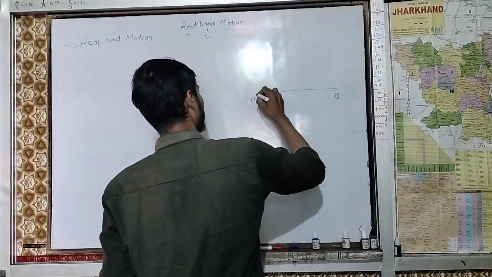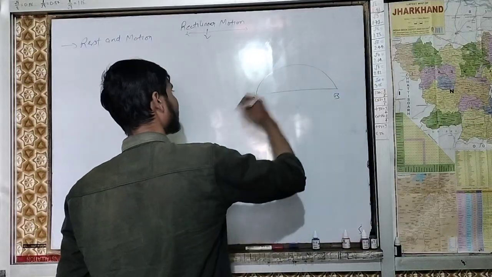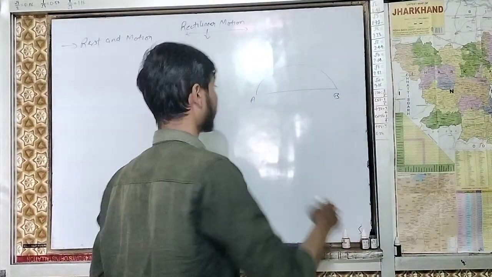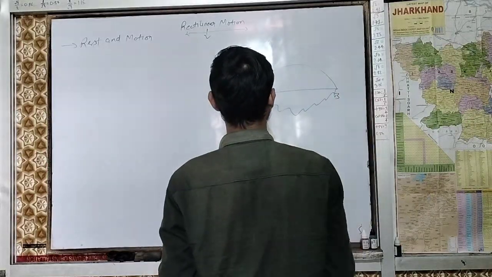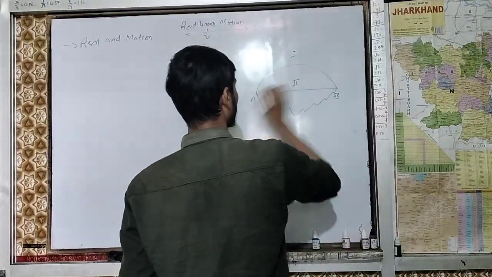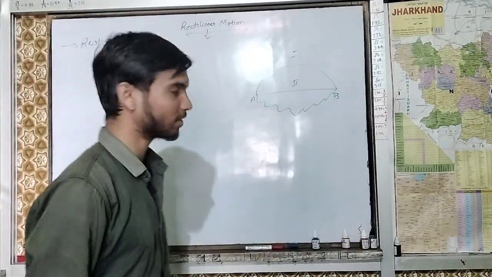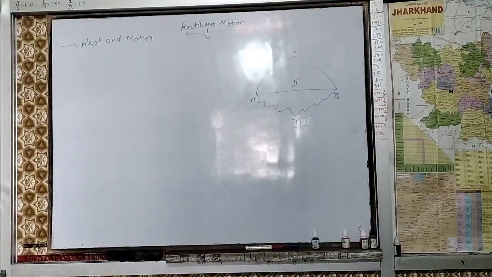First, a direct line, second, a curve, and third, a zigzag curve, like this. This is one path, second a road, or third a street. This is not a street, but you can consider it as a street.